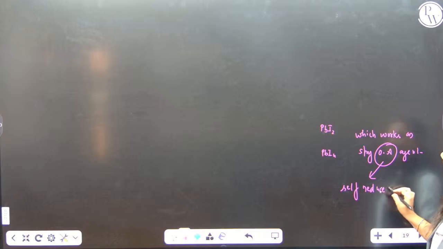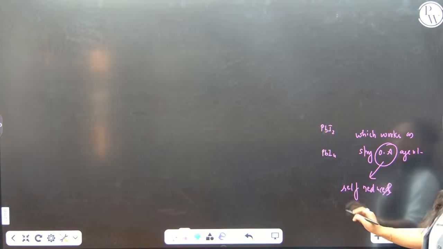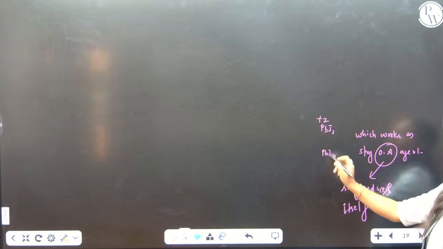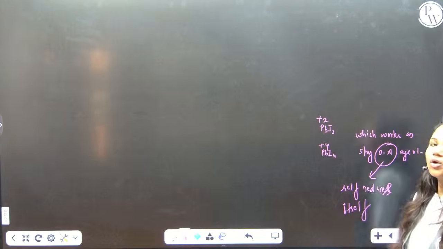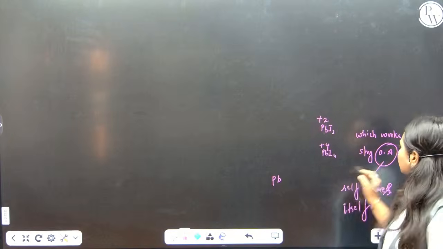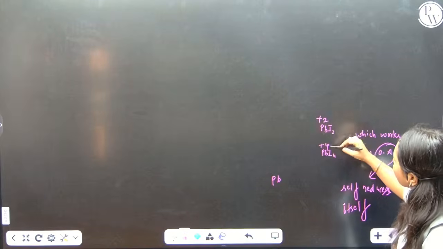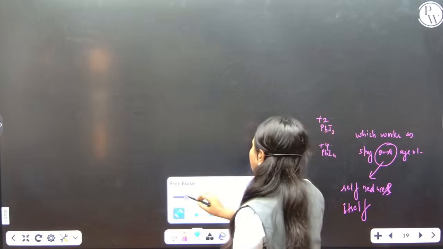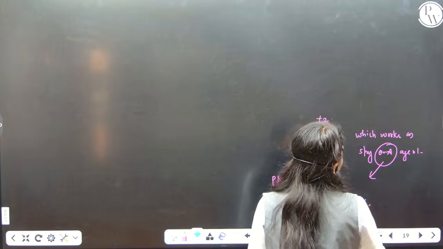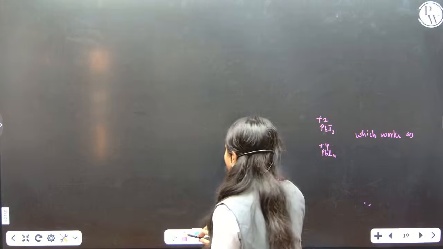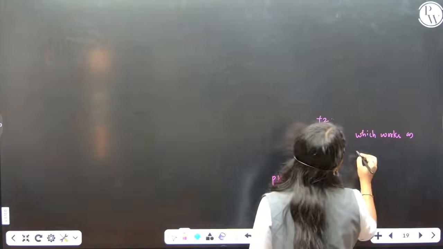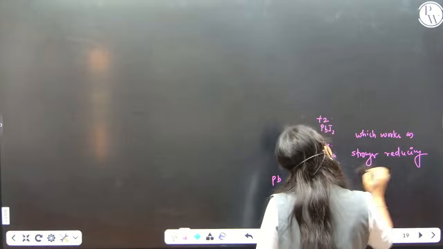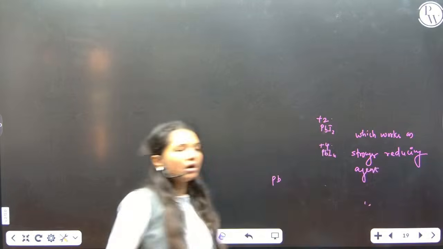Here it is +2 and here it is +4. Sorry, not stronger oxidizing agent, stronger reducing agent: which works as a stronger reducing agent?